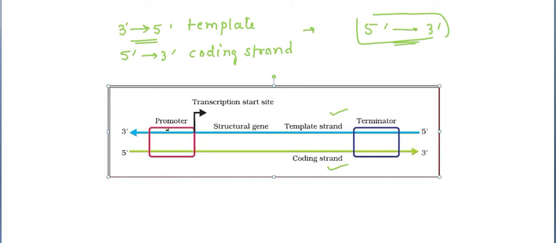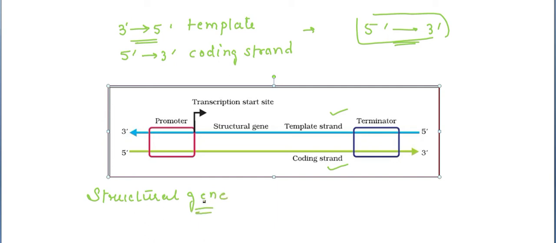Now, the promoter and the terminator regions, you will be able to see here, they have their significance. Actually, the promoter and terminator regions flank the structural gene in the transcription unit, right?